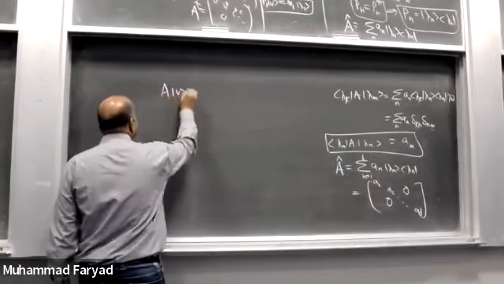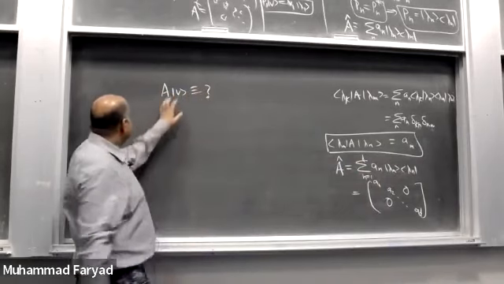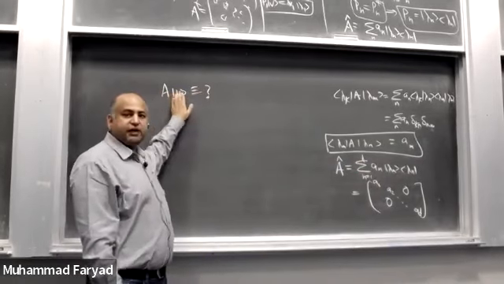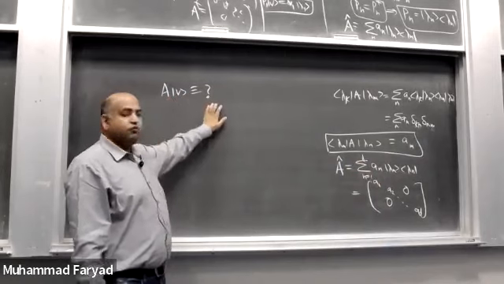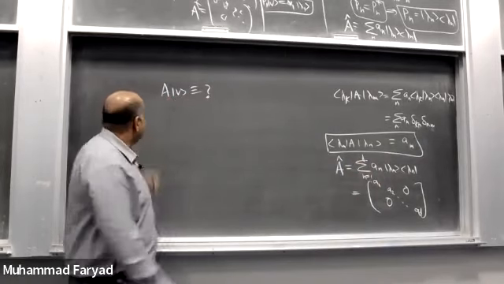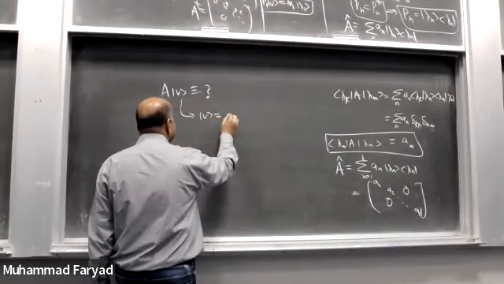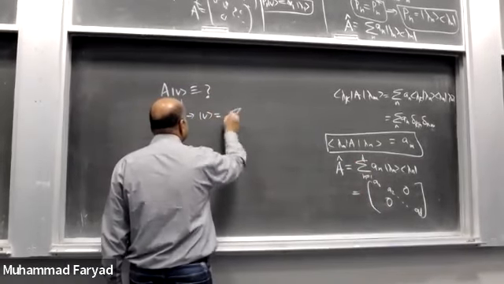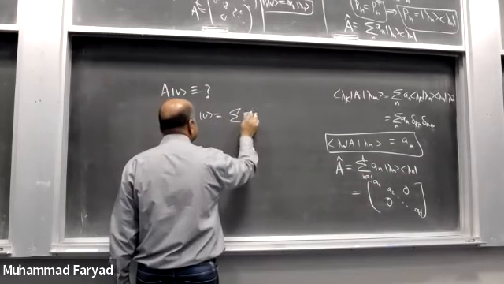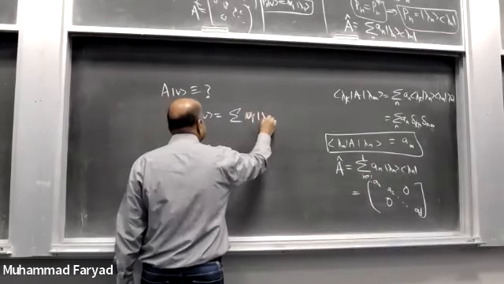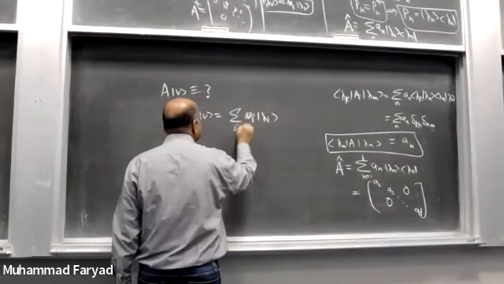invariably we will have to be evaluating this operation, that there's a vector and there's an operator, and we want to find out what we get. So the usual way would be you write this v in terms of, let's say, some vi lambda i.